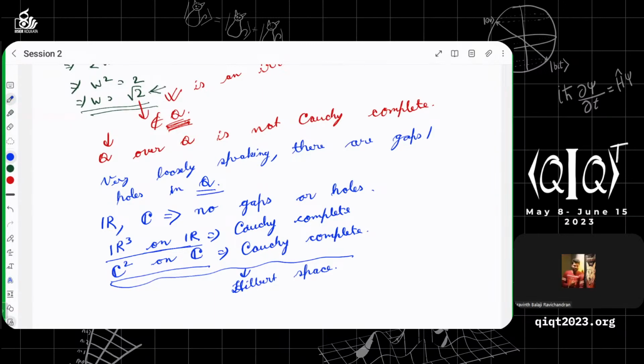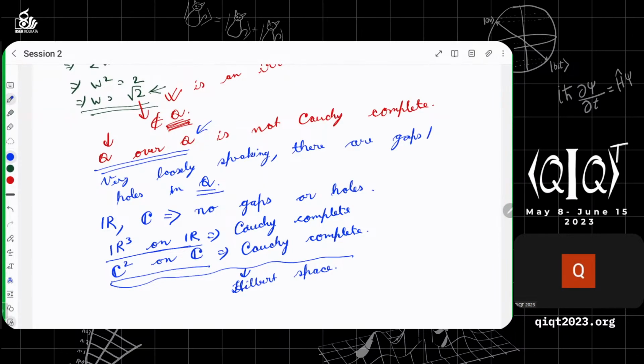So we have vector spaces and then we associate inner products to them, then that becomes an inner product space, and then we add one more constraint to it, Cauchy completeness, and that becomes a Hilbert space, is it? Exactly. For example, Q over Q is a vector space and you can define an inner product on it, very similar to the way you define inner product in a real space.